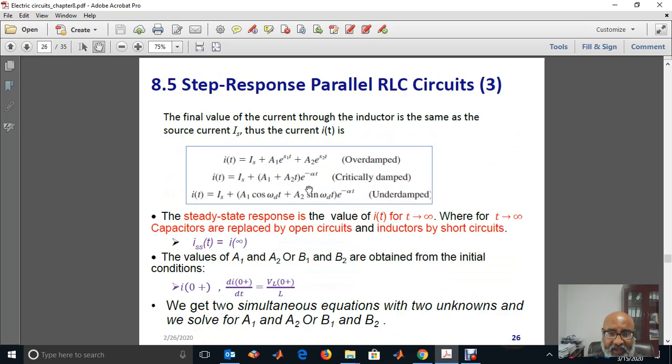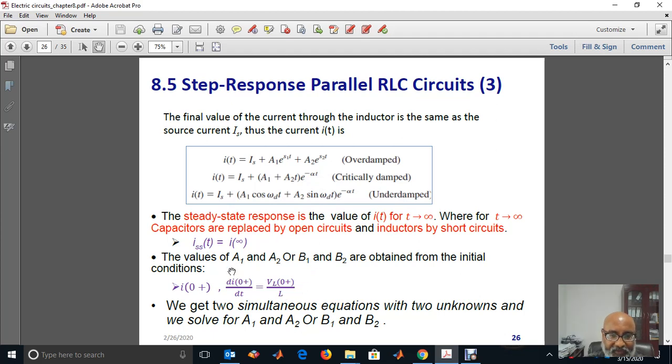So we have the total solution, the complete solution, which is the steady state value plus the transient value for the overdamped case, the steady state value plus the transient value for the critically damped case, and the steady state value plus the transient response for the underdamped case.